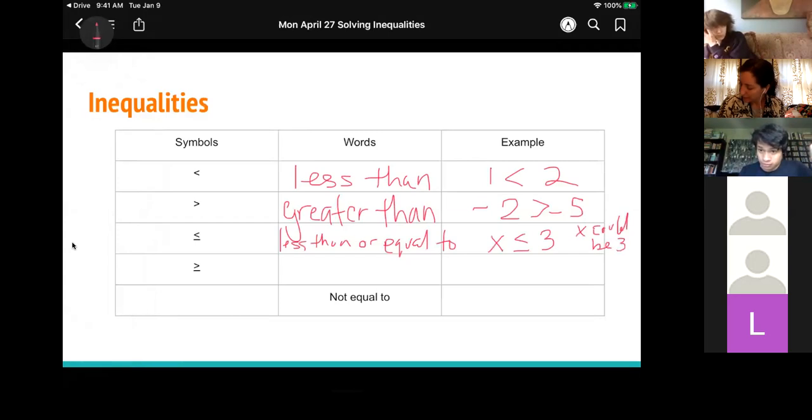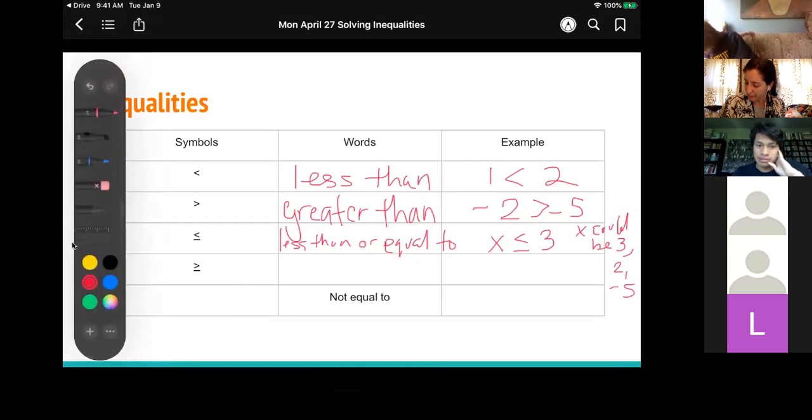X could be 3. What else could it be? X could be 3 because it's less than or equal to. X could be 2. X could be 1. -5. Yeah. Good.